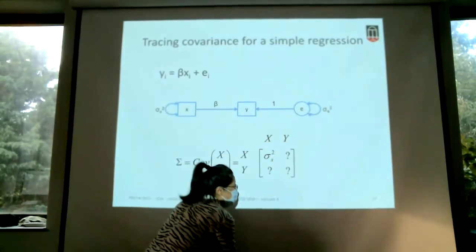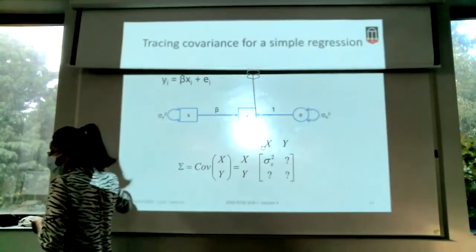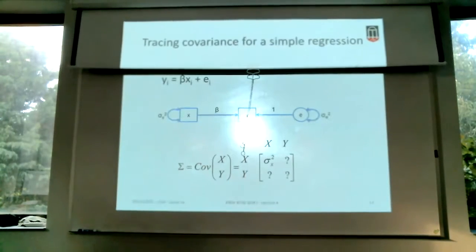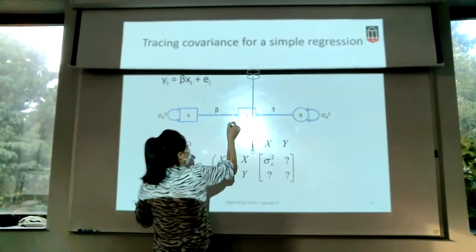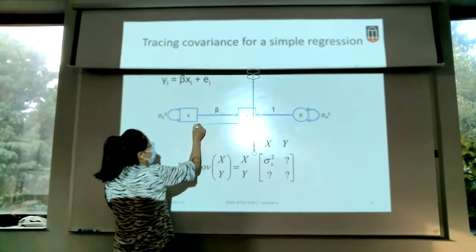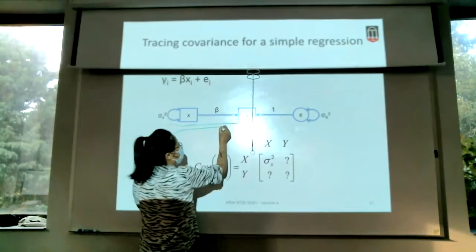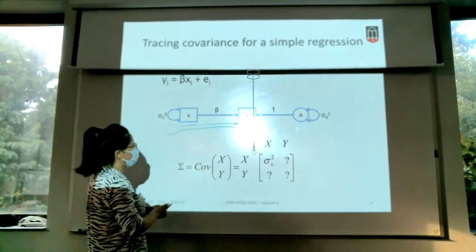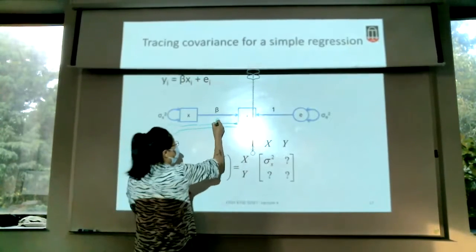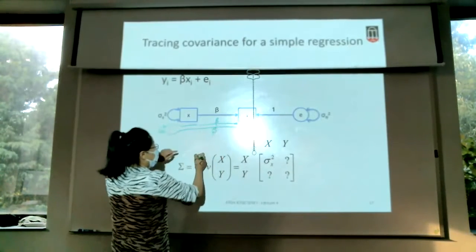So you have two components. This is one component: we start from y, go to x, and the double-headed arrow goes back to y. This is one path. So here you have beta, sigma x squared, and beta.